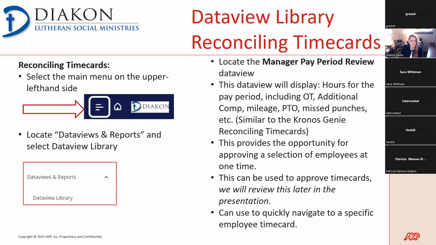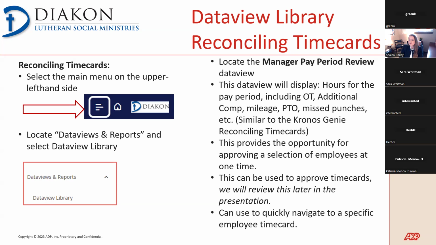Good afternoon, everyone. The data view library in ADP is basically where the reports are housed. When you're again in your dashboard, there's going to be these three little lines up in the upper left-hand side of your screen. You're going to click on those and you'll have a multitude of different drop-down options. But in this particular instance, we want you to take the data view and reports and then click on your data view library.